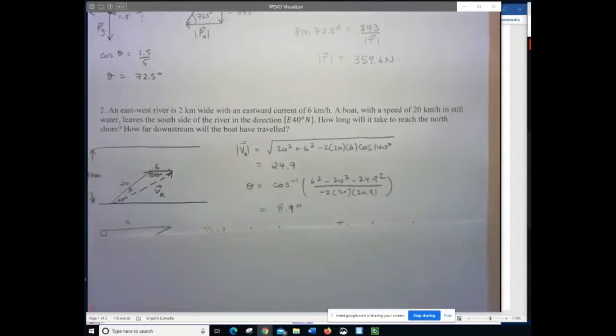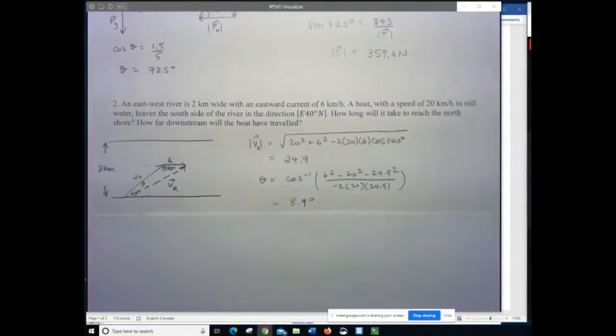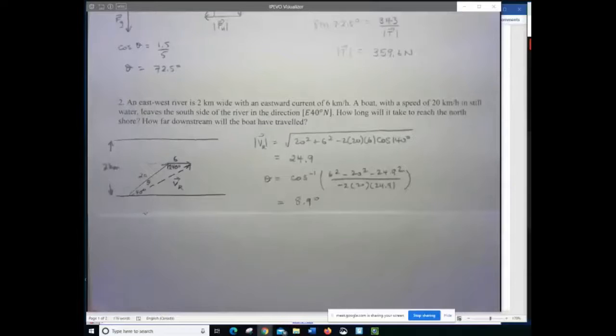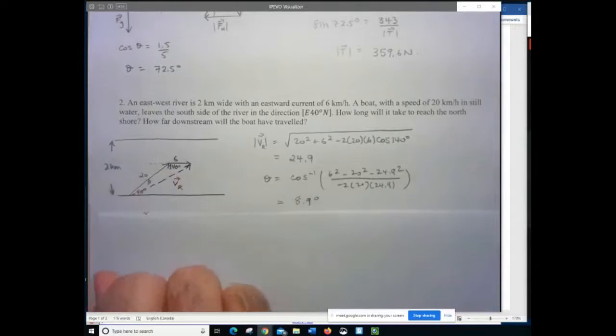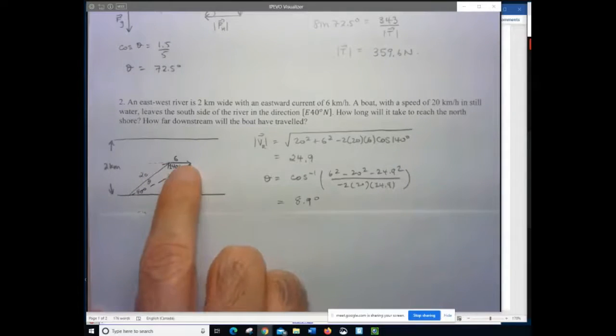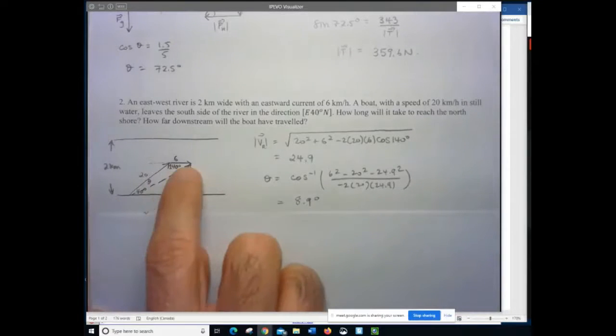Okay. So if I start with that first part, the first thing I do is, and again, I'm not doing this via components, I determine the resultant velocity. So I'm starting on the South Shore. There's my velocity in still water, but of course, they're also affected by the current, which is going directly east, and then here's my resultant.